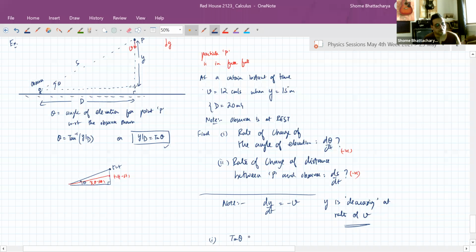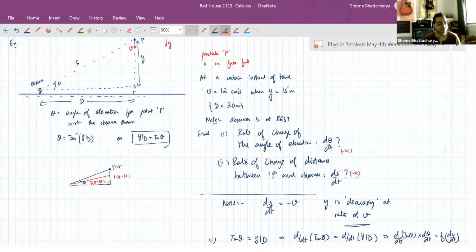Tan theta is equal to y by D. Differentiate both sides with respect to time. Differentiation of tan theta with respect to time is differentiation of y by D. When you differentiate tan theta, you have chain rule. Whereas on the other side, you just have y, capital D is a constant.